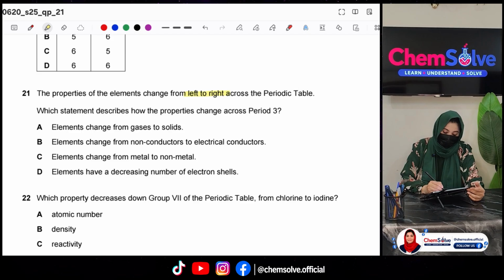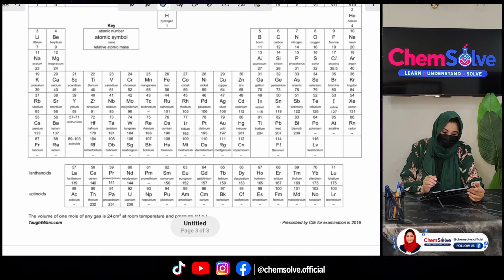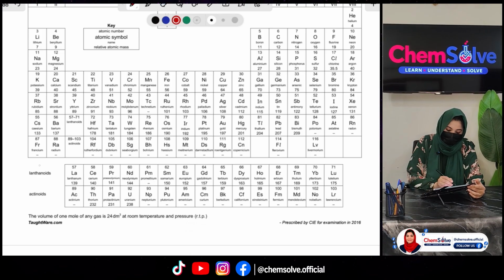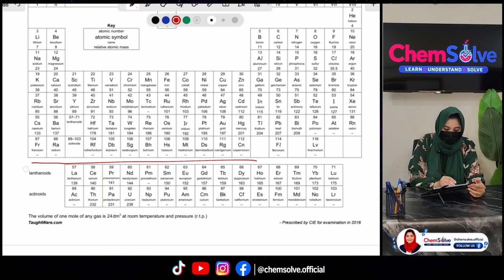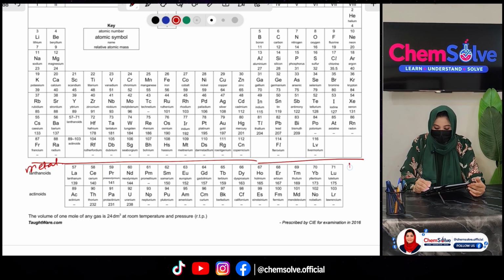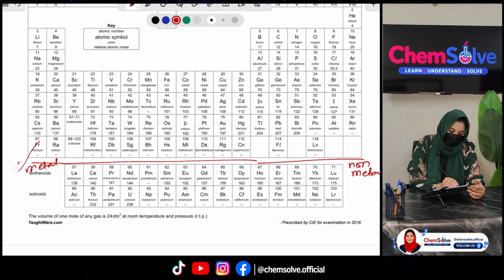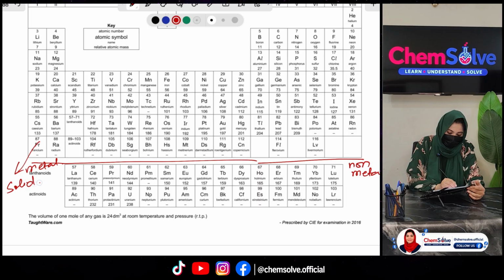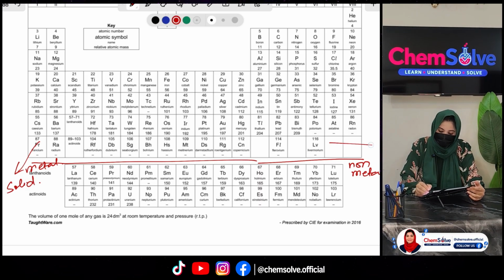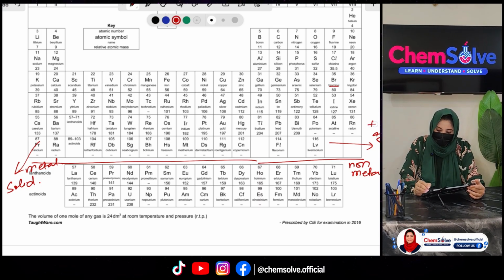So we have to look at the periodic table side by side. These are all the metals, and these are non-metals. Metals are solid normally, and here they are gases and some like bromine liquid.